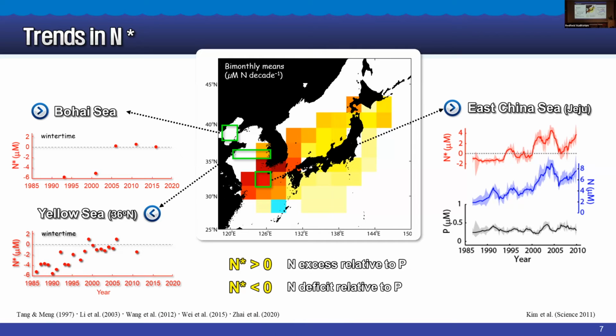We did find a small but statistically significant nitrate increase in the Pacific coast of Japan.